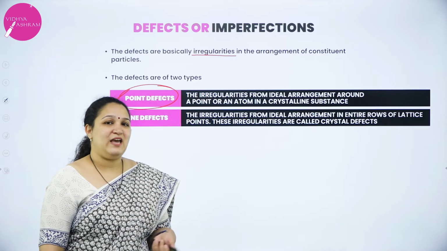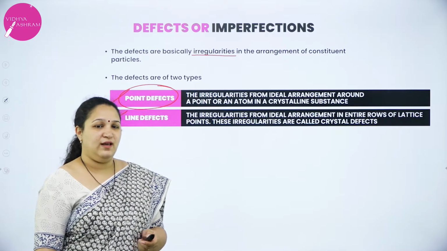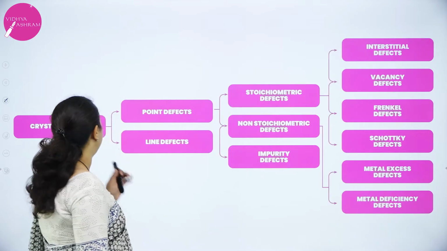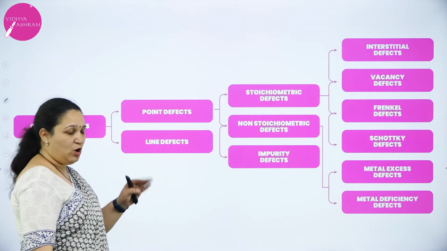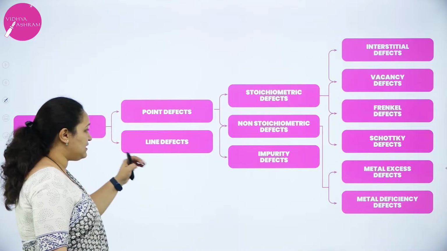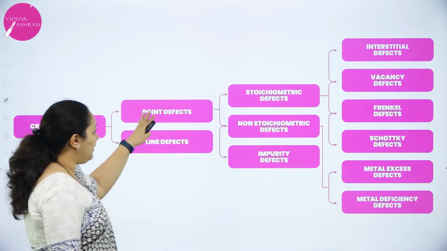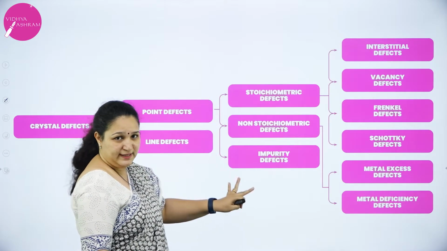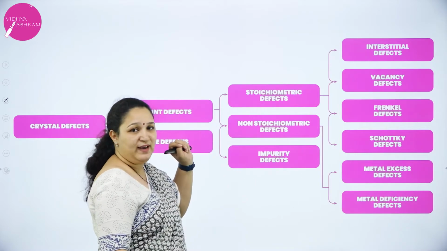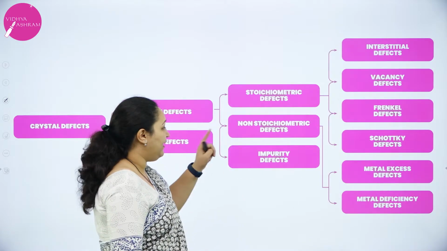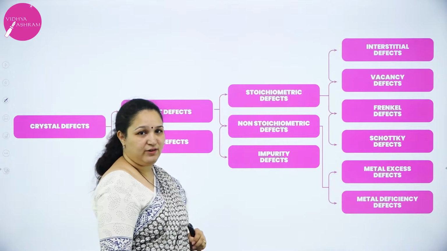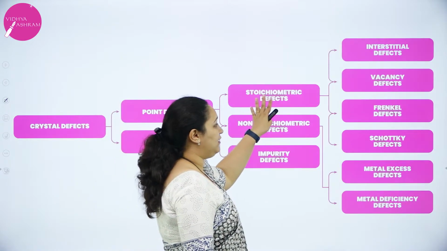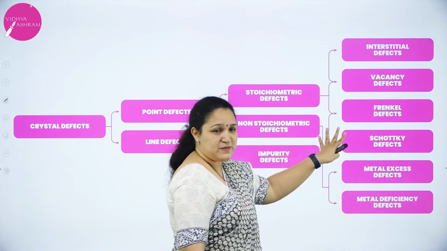So how many types of point defects are there? Crystal defects are broadly classified as point defects and line defects. Point defects are of three types: stoichiometric defect, non-stoichiometric defect and impurity defect. In stoichiometric defect, there are four types.